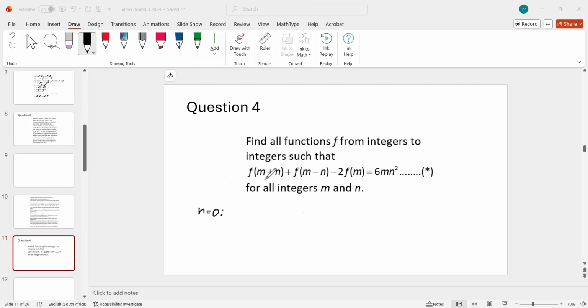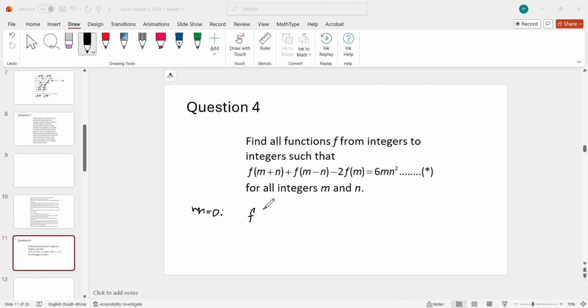If n equals 0, I get f of m plus f of m, which is 2f of m, minus 2f of m. So I get 0 on the left-hand side, 0 on the right-hand side. That doesn't help. Let's try m equals 0.